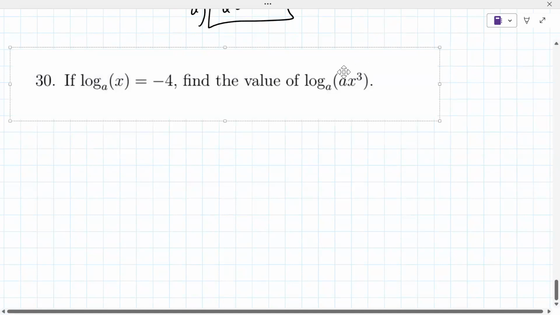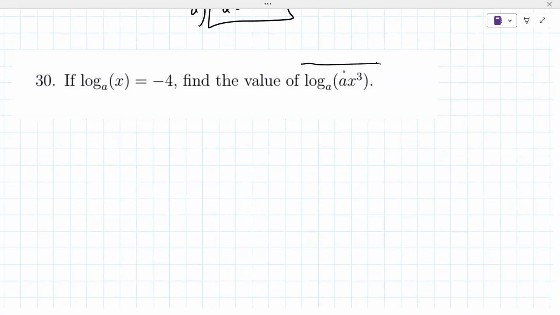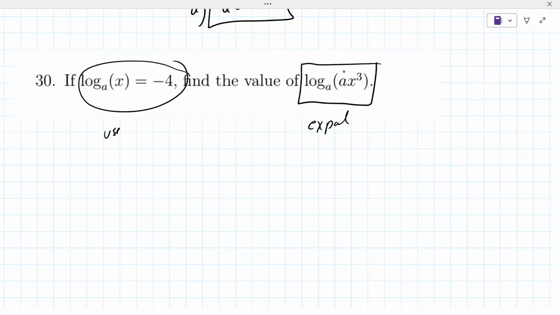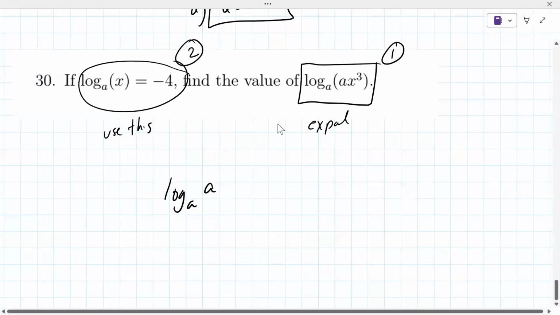Find the value of this thing on the right. So really, they're just telling you, hey, expand this, and then later on, use this. Oh, that's what I kept trying to plug in, but there's parentheses. I don't know what my brain was doing. Well, that's where I'm the guide here. You got it. There's a lot of questions in this test, the way they're written, where it's mid-direction. You want to look at the end and then go back and use the given.